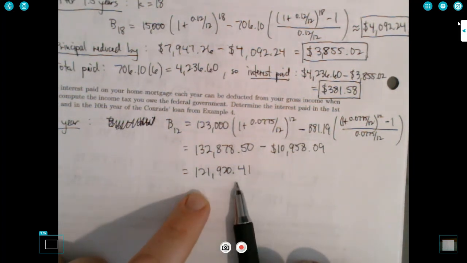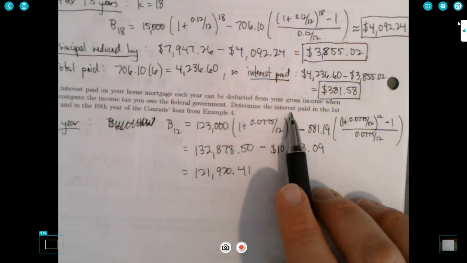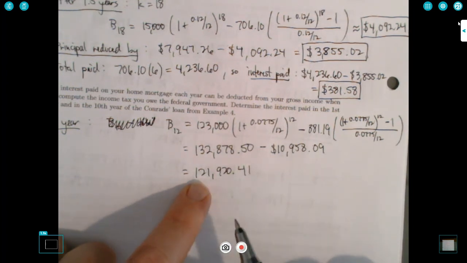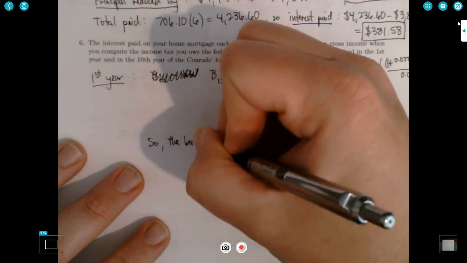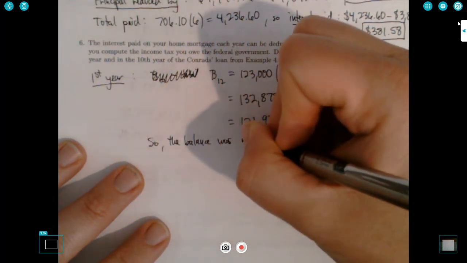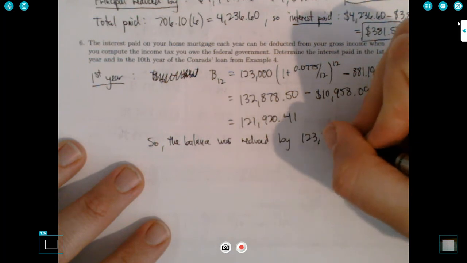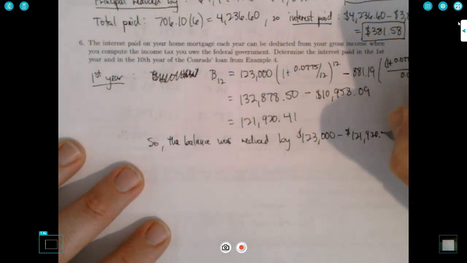Okay, so that's their balance after, goodness gracious, that's their balance after their first year. The interest that they paid should be the difference between that, the decrease in their balance. So we'll say the balance was reduced by the original principal, 123,000, minus the current principal, $121,920.41.